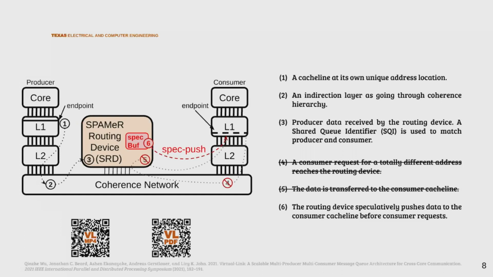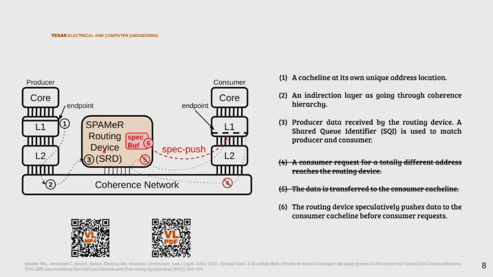Producer threads and consumer threads have cache lines of different addresses as their local buffers. Once the local buffer is full, the producer writes back to the routing device, and the consumer requests the routing device to get the data.